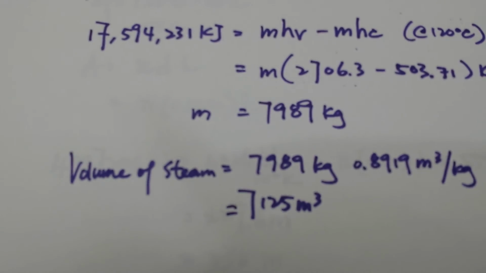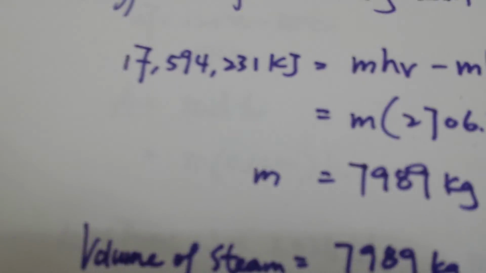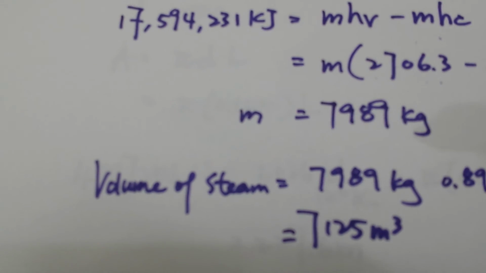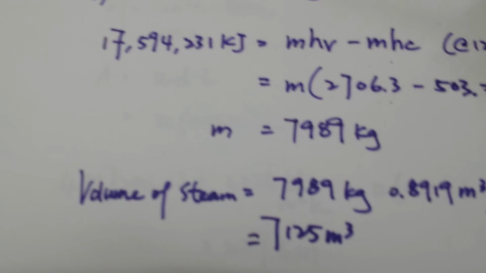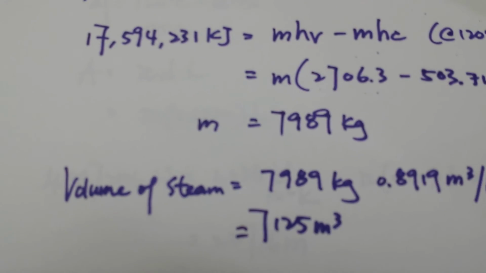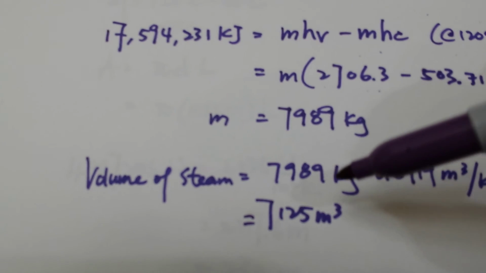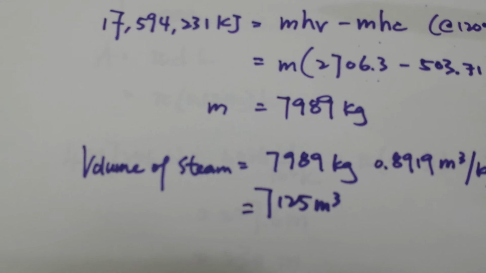But I haven't done the actual number. But here, 2 significant figures or a number like this, I'm not going to take marks off on your final exam, or on your assignment. So this is the mass of steam we need, and from the mass of steam we need, the volume of the steam at 120 degrees Celsius.